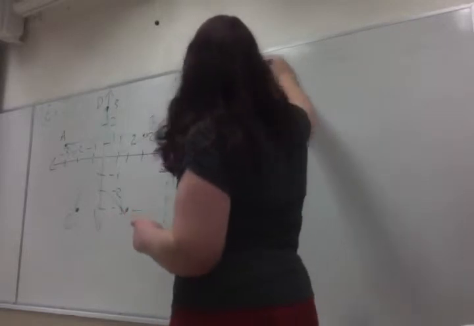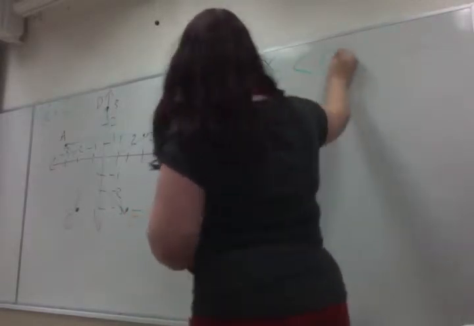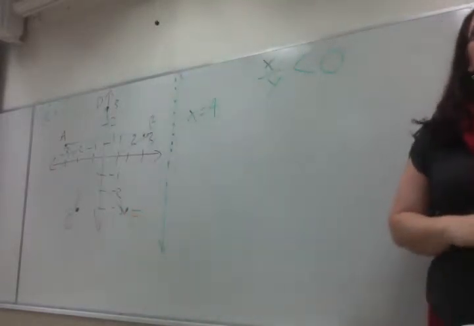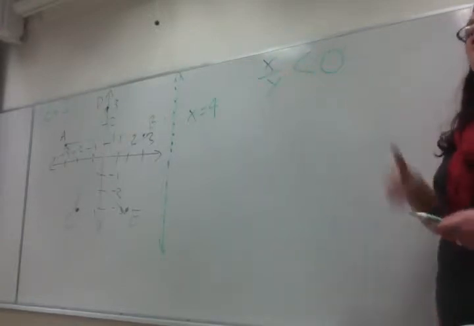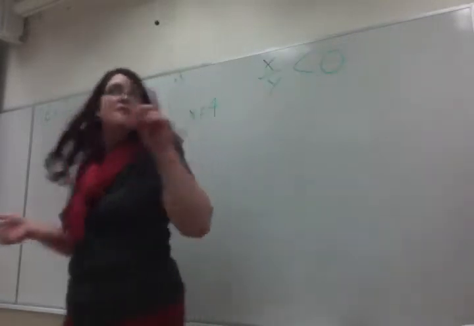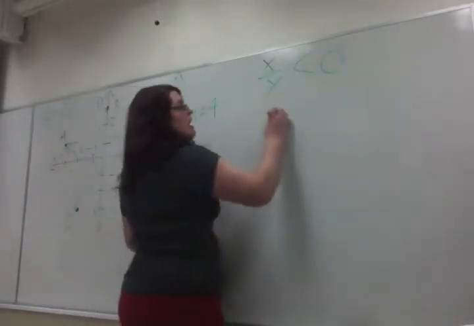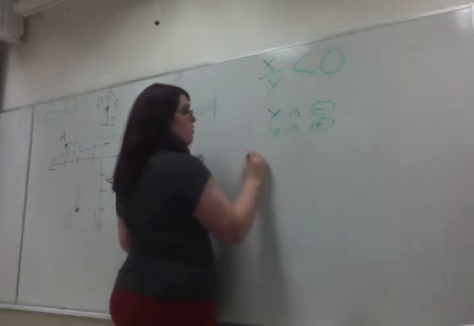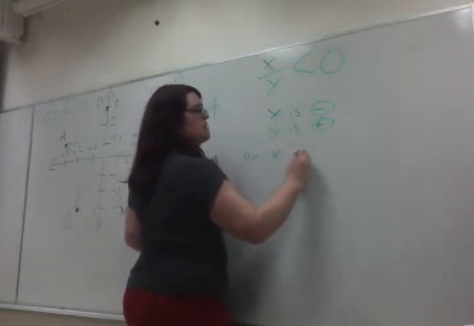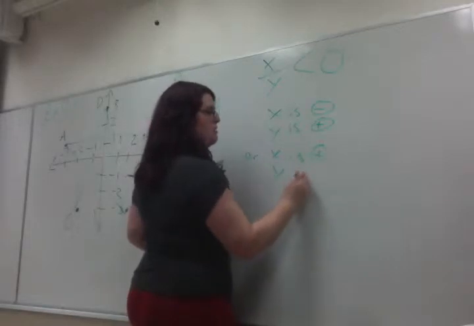Now in part B there, we have x over y is less than 0, which means x over y is negative. Right? There's 2 different ways for a fraction to be negative. Either the top is negative and the bottom is positive, or the top is positive and the bottom is negative.